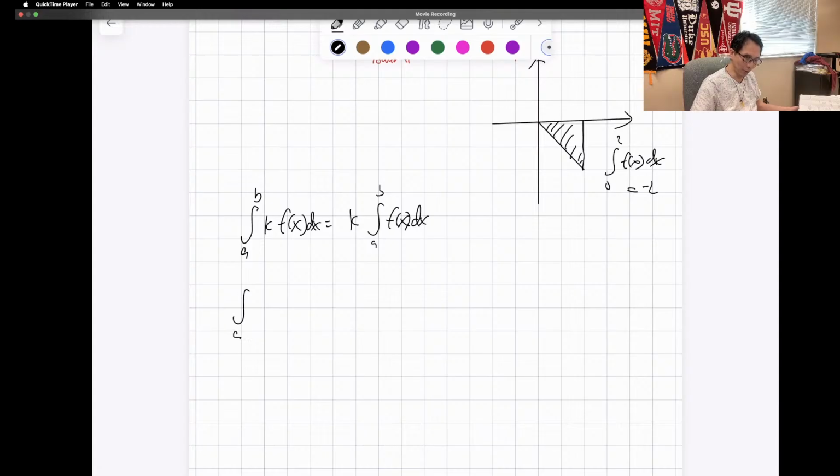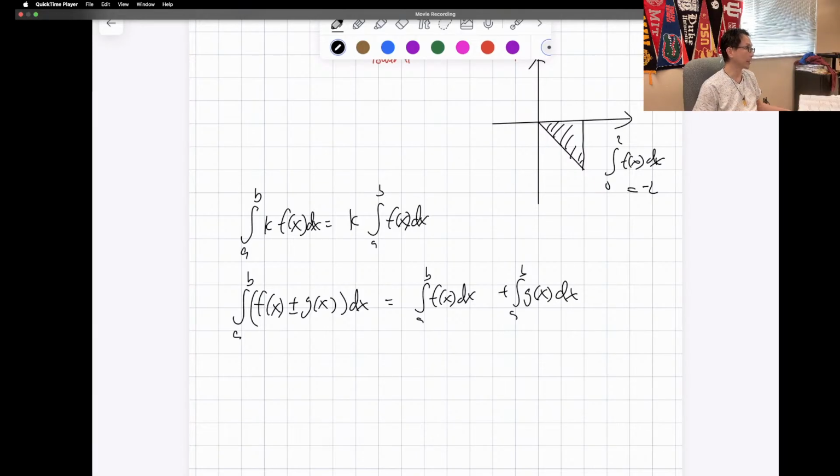This also works for the integral from a to b of f of x plus or minus g of x dx, which equals the integral from a to b of f of x dx plus or minus the integral from a to b of g of x dx. It doesn't work with multiplication, only with addition and subtraction. So those are two basic properties. Understood?